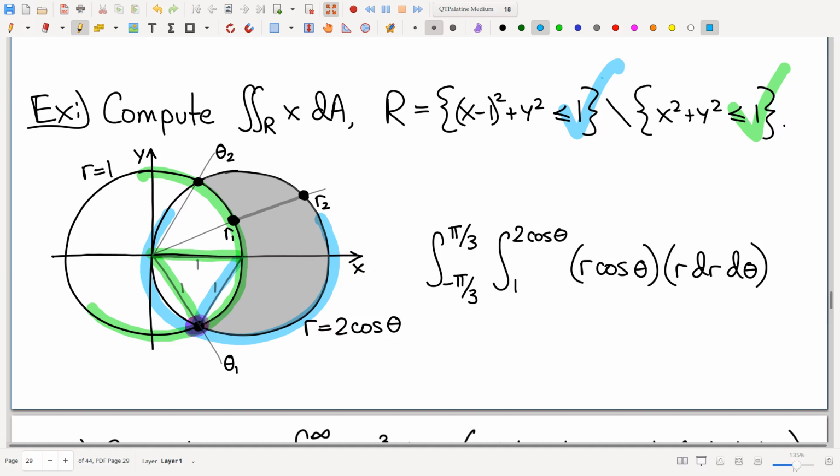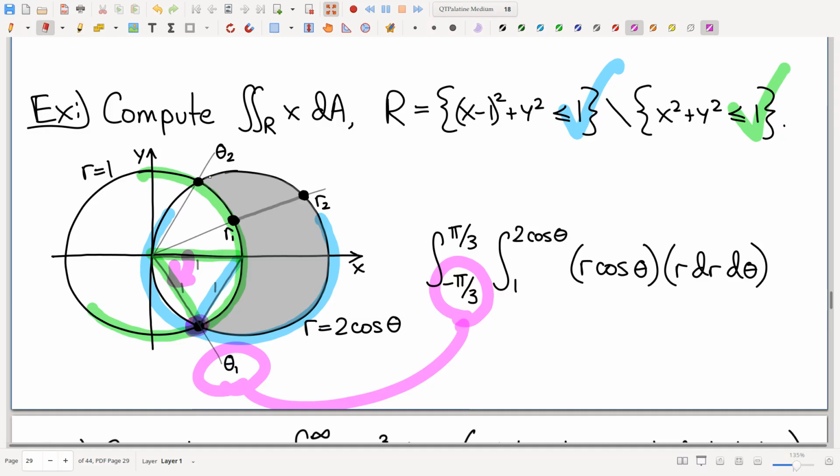High school geometry tells me what that angle is. And of course, as a polar coordinate, I know that that angle is negative. And so negative pi over 3. It's a slick move. Be on the lookout for this kind of thing. It comes up, I'm going to say, surprisingly often. Little clever opportunities in geometry like this.